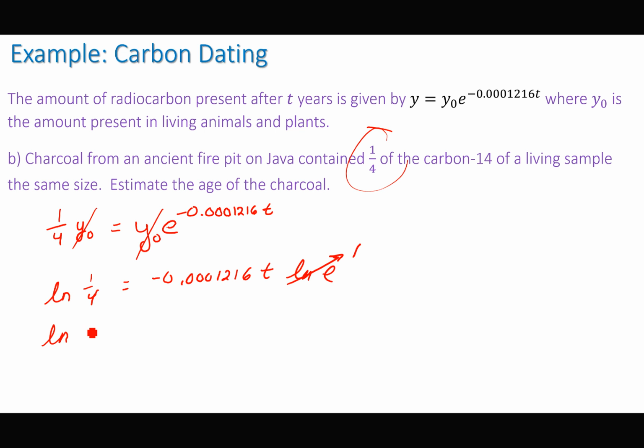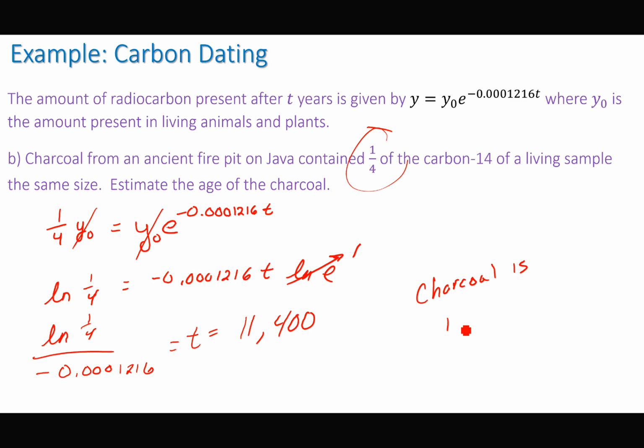So we're going to have natural log of 1/4 divided by negative 0.0001216 equals t, and it ends up being 11,400. So what this is saying is that charcoal is 11,400 years old.